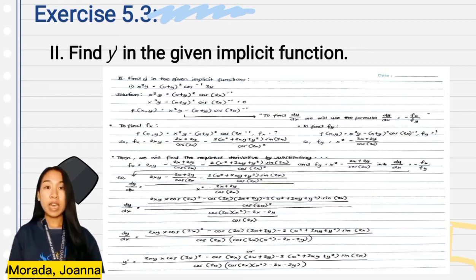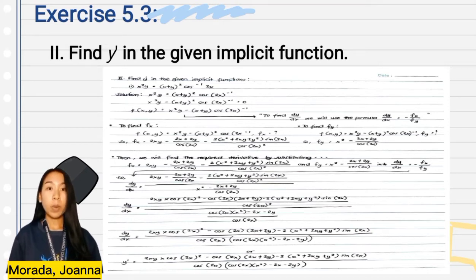So, this becomes x squared times y minus open parenthesis x plus y times cos open parenthesis 2x close parenthesis raised to negative 1 equals to 0. Then, we will set the function related to the equation and we will put the f open parenthesis x and y close parenthesis, which may be called a function of two variables.